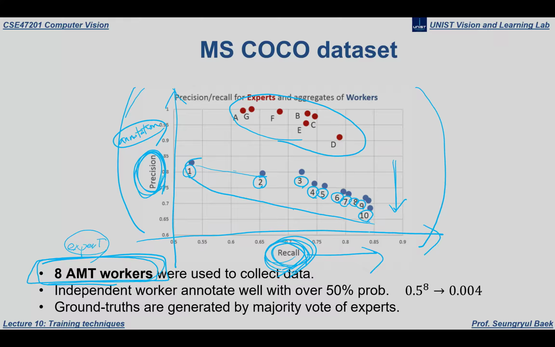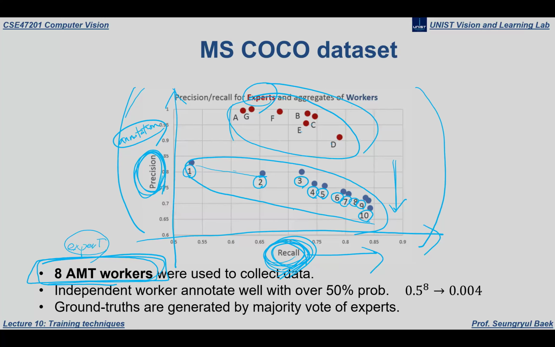By collaborating with this number of workers for one image, they can cover up the ground truth. But this is the graph for 1, 2, 3, 4, 5, 6, 7 experts involved. So their precision for the annotation is very high. Even with one expert, their precision is higher than just a crowdsourced worker.